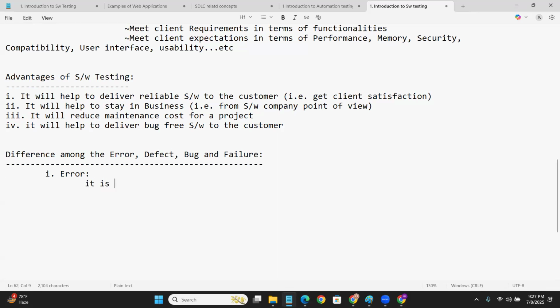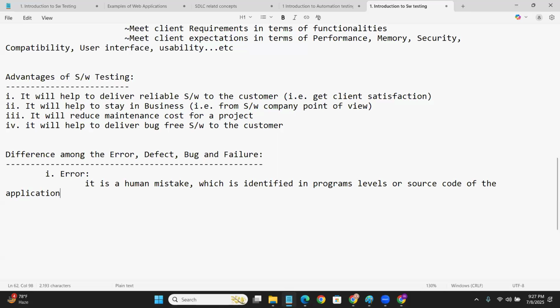Well, it is a human mistake which is identified at the program level or in the source code of the application.